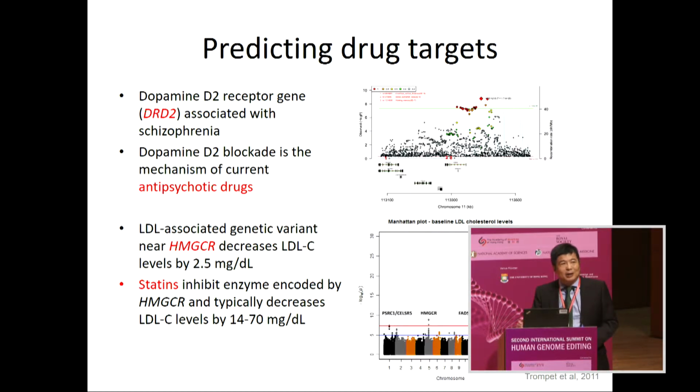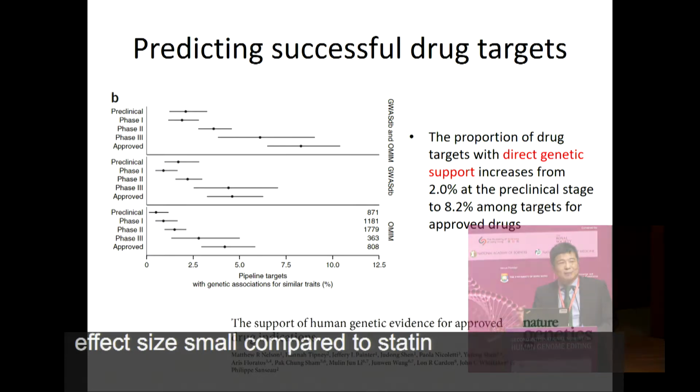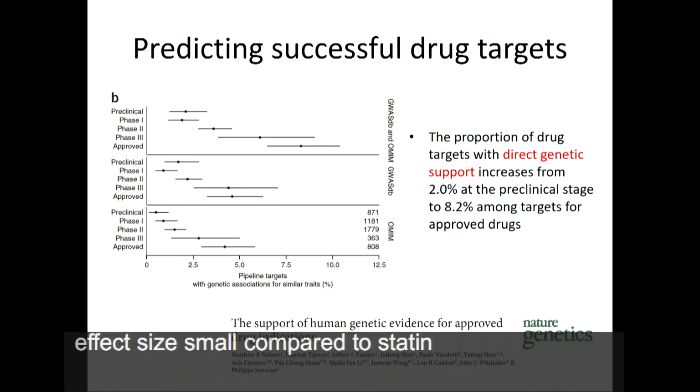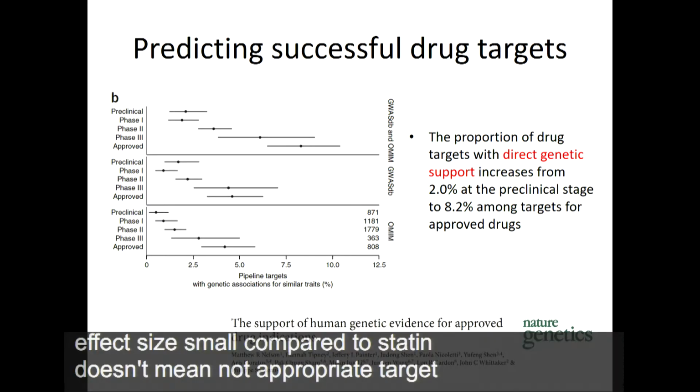And so a small effect size from the genetic study does not necessarily mean that a gene is not an appropriate target, because the natural variant may have a relatively small effect on gene expression, whereas if we were to deliberately design a treatment, we could design something that has a bigger effect than the natural variant.